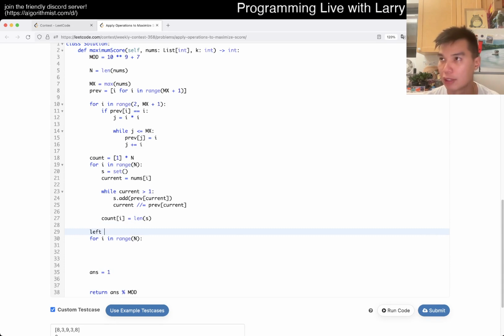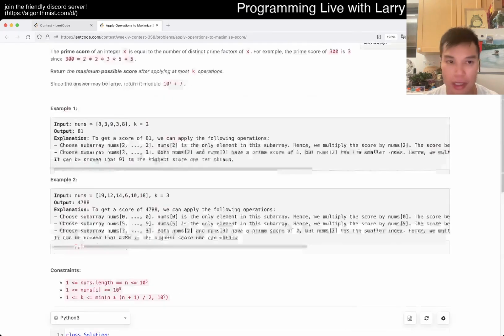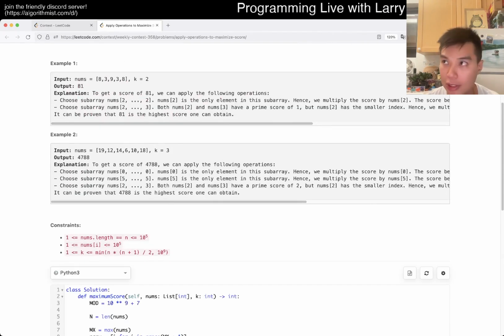So the naive approach, you just do a loop. Of course, that's n squared. So now we have to get the last number that is greater than.